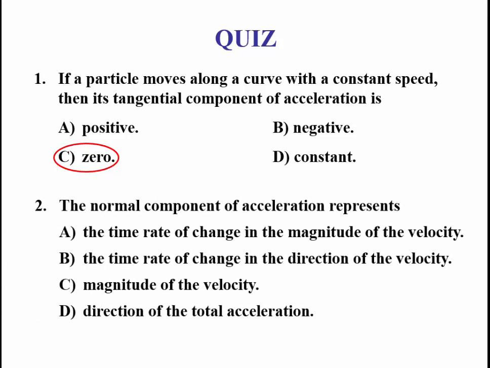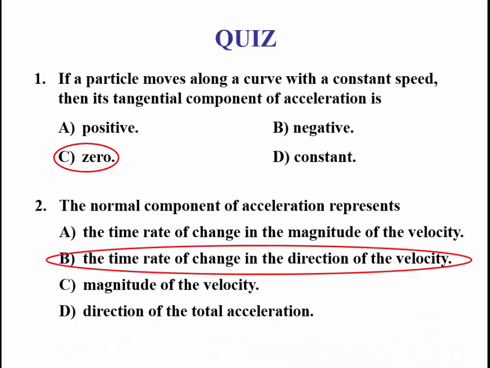The normal component of acceleration represents A, the time rate of change in the magnitude of the velocity, the time rate of change in the direction of the velocity, the magnitude of the velocity, or the direction of the total acceleration. And the correct answer here is actually the time rate of change in the direction of the velocity.